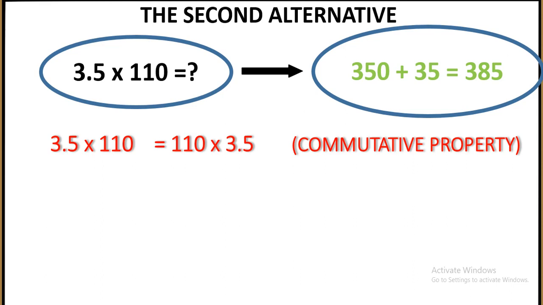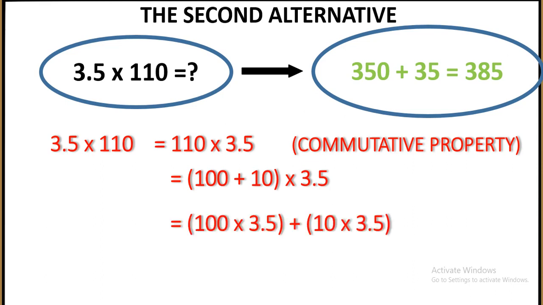In this case, we separate 110, that is 100 plus 10, times 3.5.